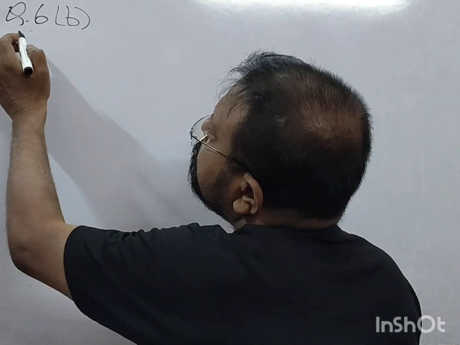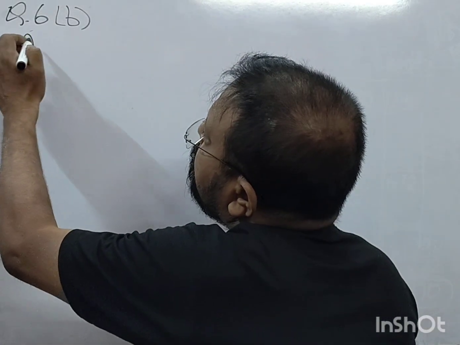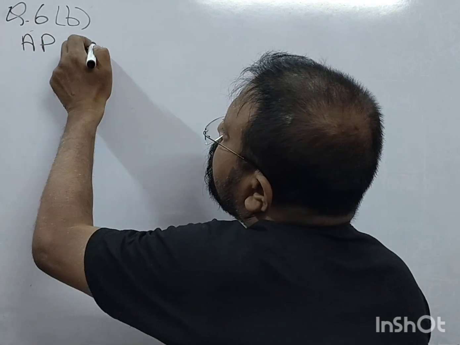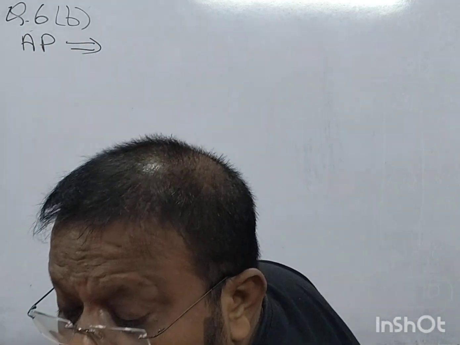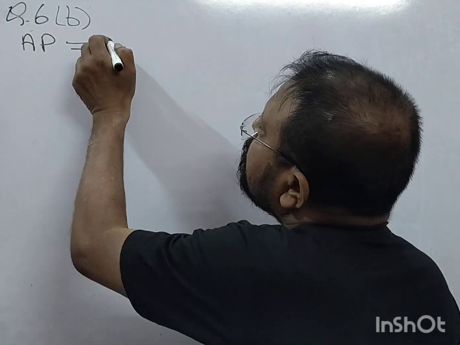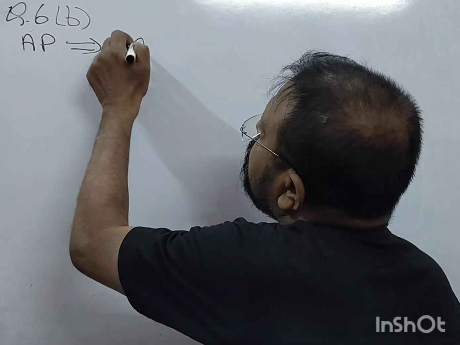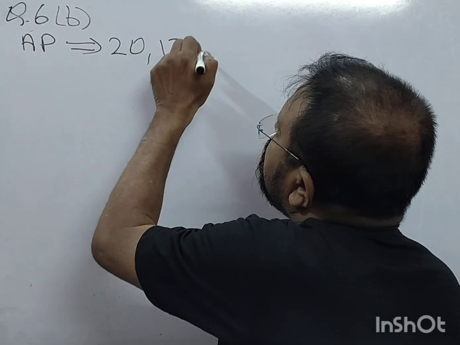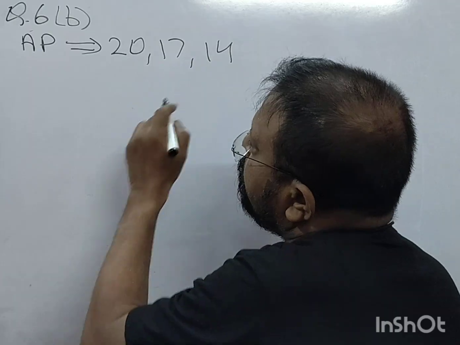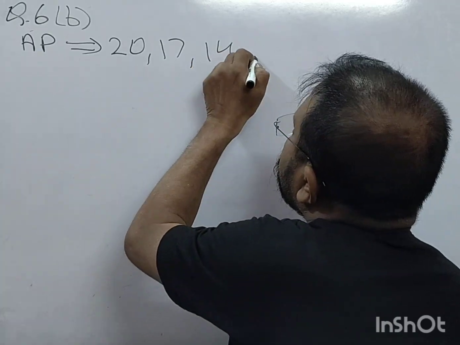So AP is what? Read the numbers. 20, 17, 14. Right? And the sum is 65.